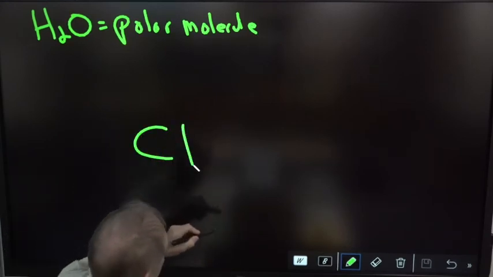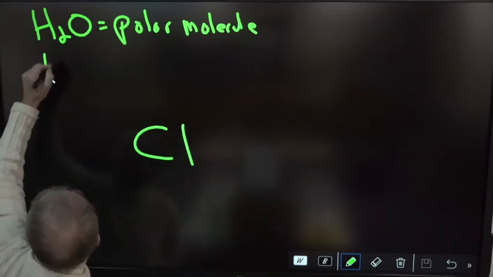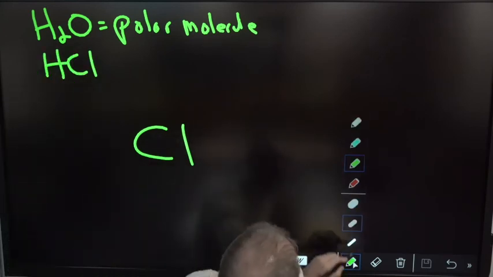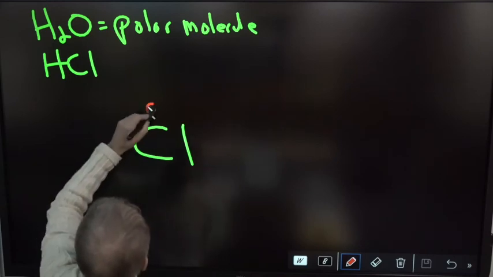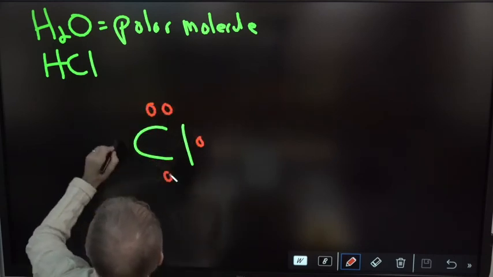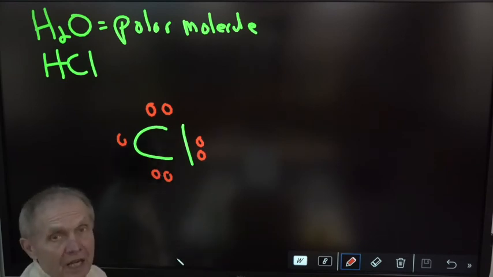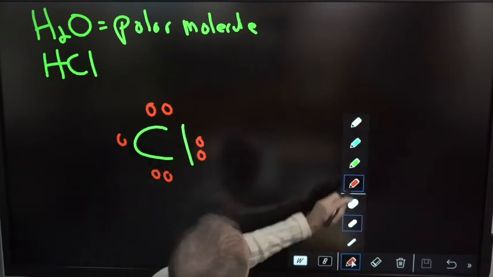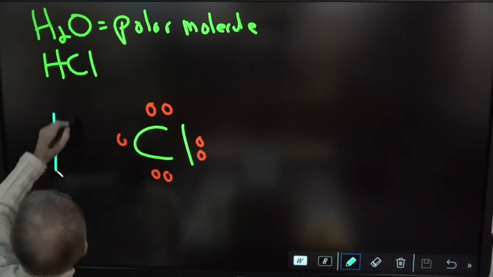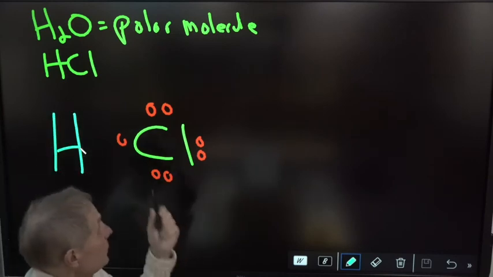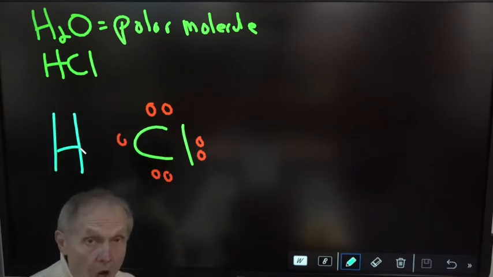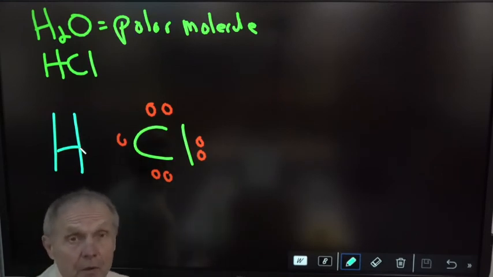So here's Cl. And Cl is in group 17. Pair, single, single, single, pair, pair. That's what chlorine looks like. It's got 3 pairs and 1 single. It's hooked to H. And once again, chlorine is stronger than hydrogen electron-wise, electronegativity-wise.